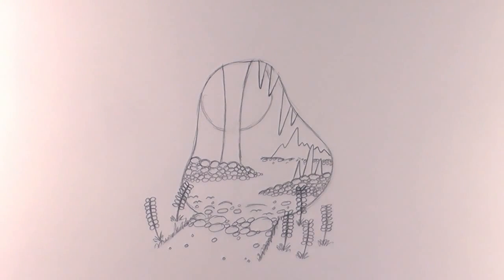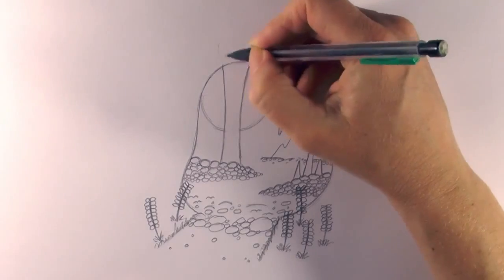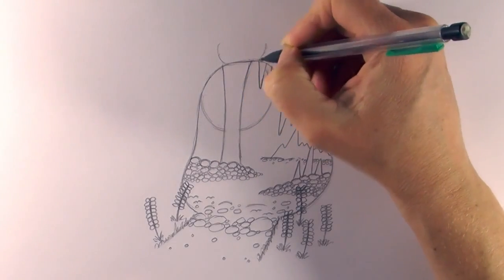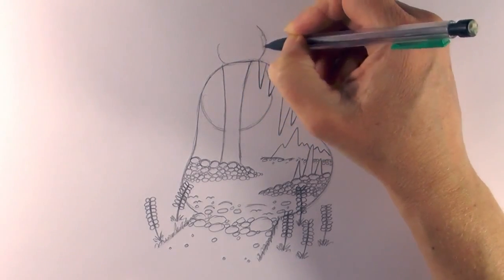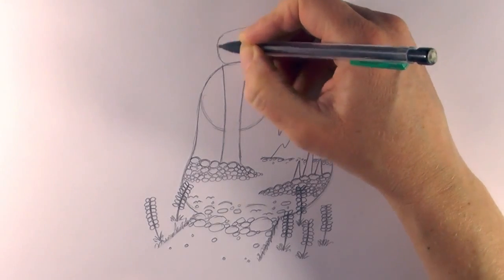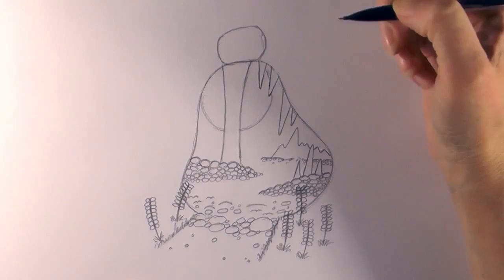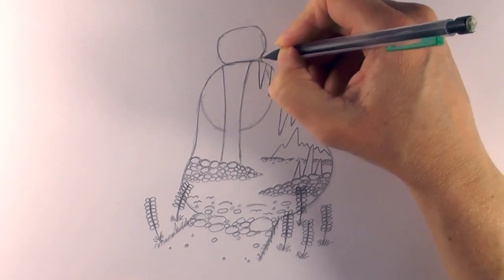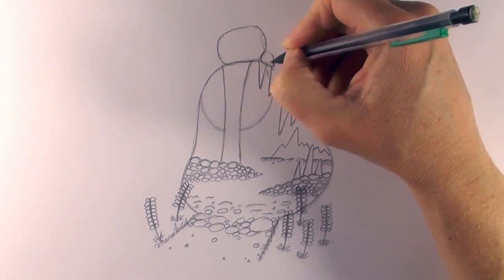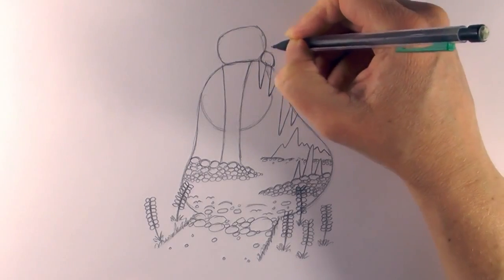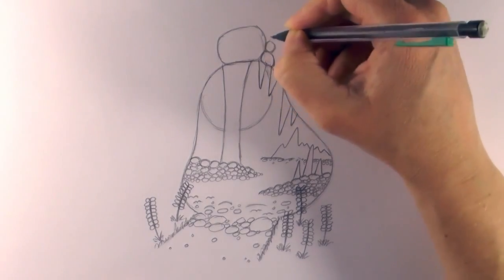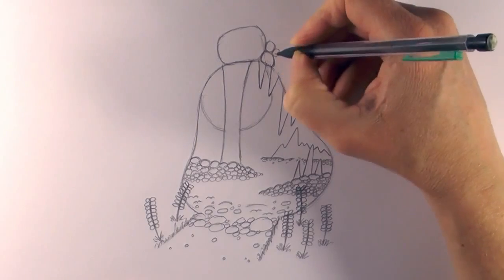And then we're going to go back in and add in the rock detail around the entrance of the cave. So again, make this really random sizes and shapes. I start with a bigger rock and then build it up from there. So I've got a little rock there, do some more down here.